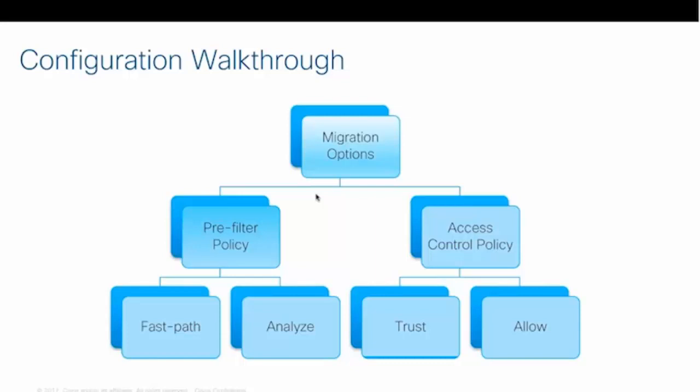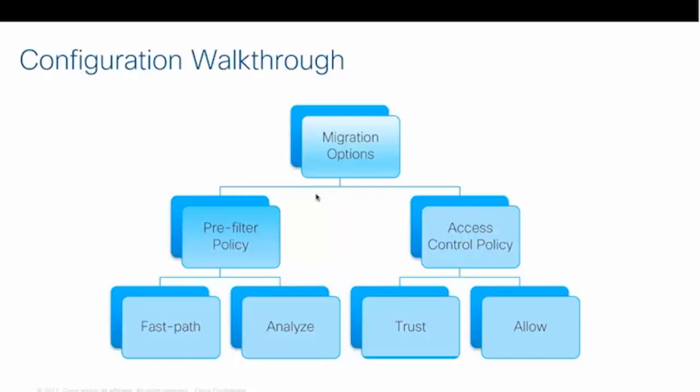If we choose the option fastpath, then the traffic specified in the pre-filter policy will be bypassed or excluded from further inspection by the pre-filter policy or the access control policy. If we choose the option analyze, then the traffic which matches this pre-filter policy will be subjected to deeper inspection by the access control policy.